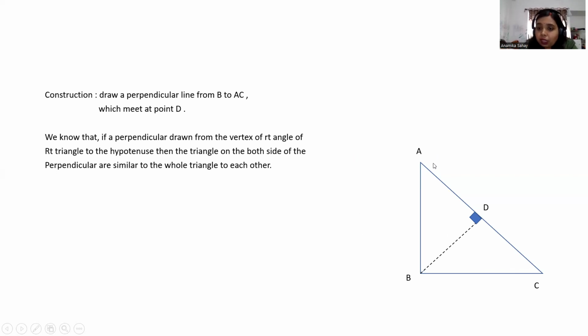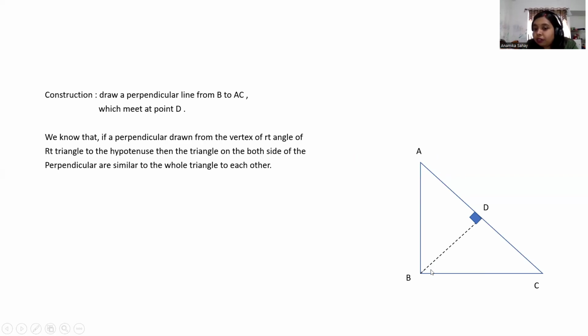How? First of all, let us take this triangle ABD and triangle ABC. This side is common, this angle is also common, and another angle, angle D, is equal to 90 degree, and for triangle ABC, angle B is 90 degree.